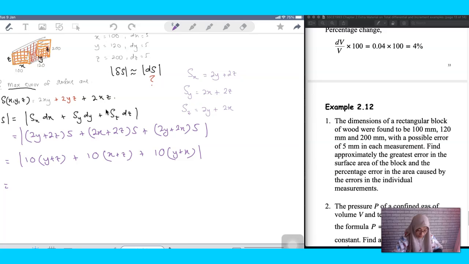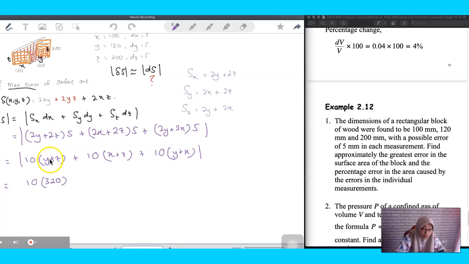Okay, so now y plus z, you will get 320. So 10 times 320. And you remember, because you have the absolute sign, you have to evaluate each term, so you have to split them. Then plus 10 times x plus z, you got 300.